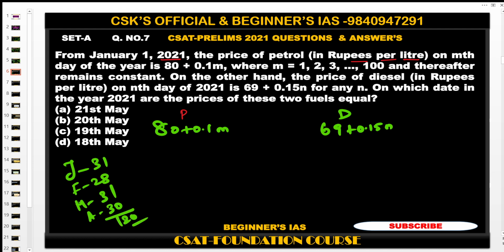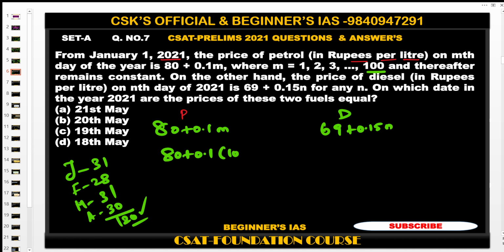Therefore, you have to put the minimum value for m itself as 100, not 1, 2, 3, etc. Don't waste the time. Since it exceeds 100 days, the minimum value for this is nothing but 100. So put m is equal to 100 directly without wasting the time.